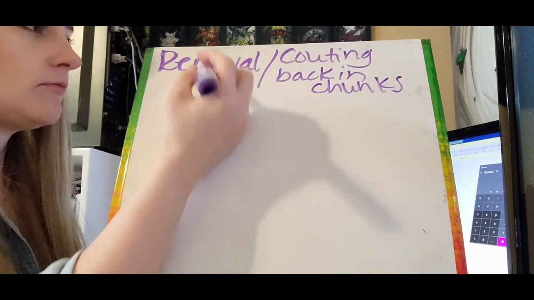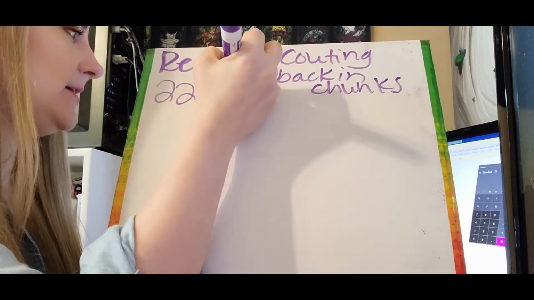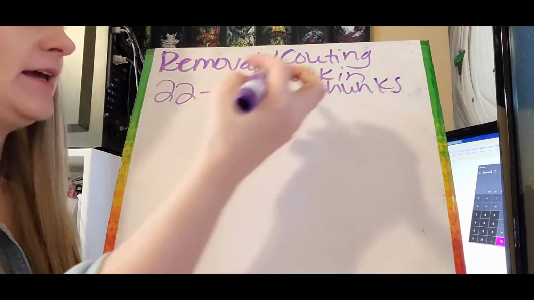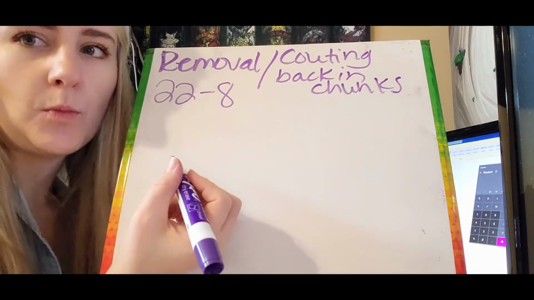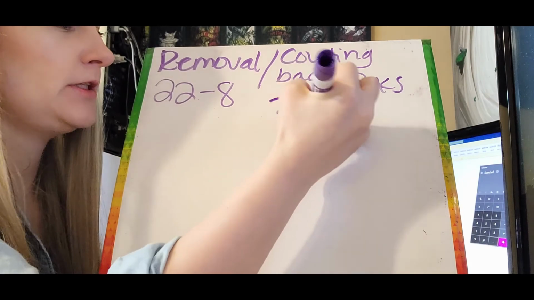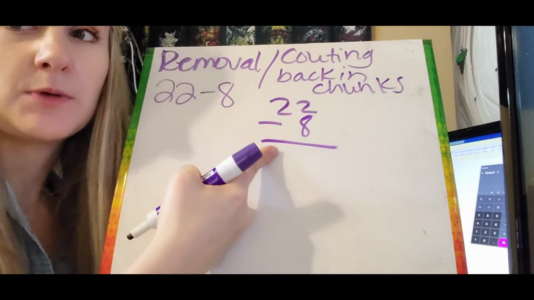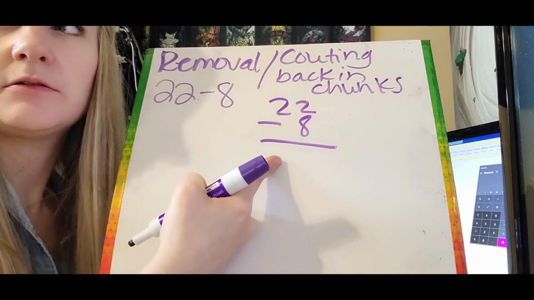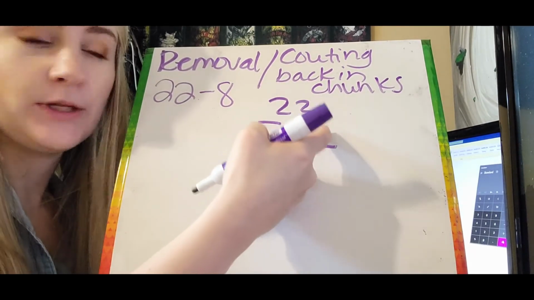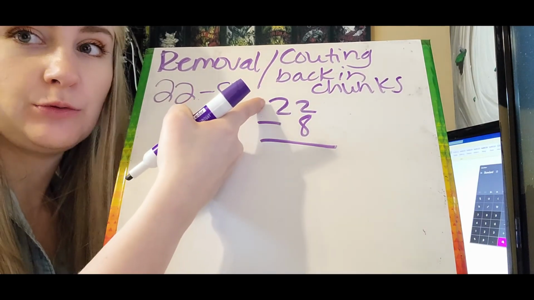Okay, so the first example I have is 22 minus 8. What we're going to do is almost set the problem up like we were going to do a traditional algorithm. So 22 minus 8. Okay? We're not going to do it this way. We're going to see what we could break 8 down into to make it easier to subtract from 22.